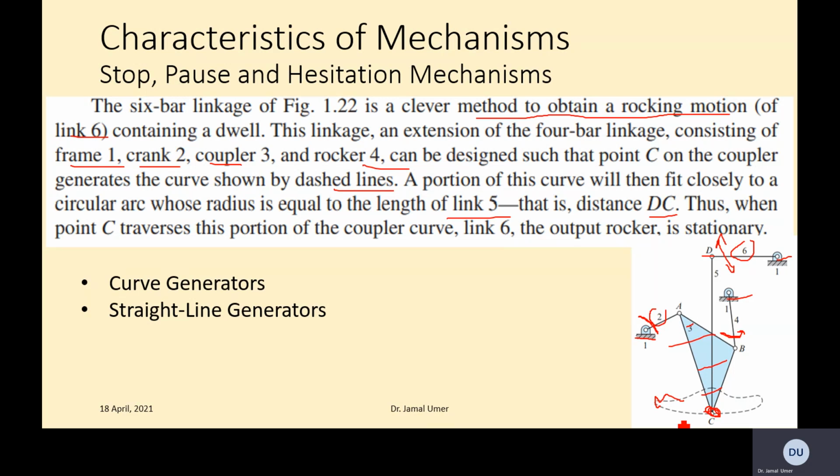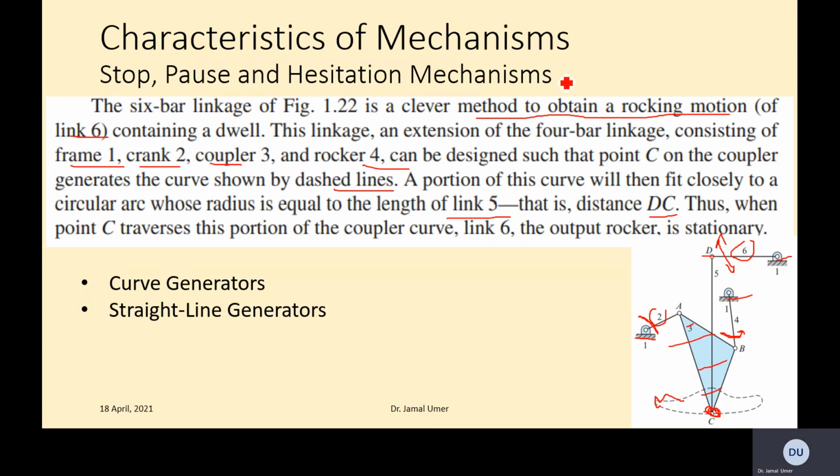So even though we do the movement, link 6 could be stationary as well. This is a very interesting example where such combinations of links are joined in such a way that some links could be stationary, but we still are able to get the rocking motion.